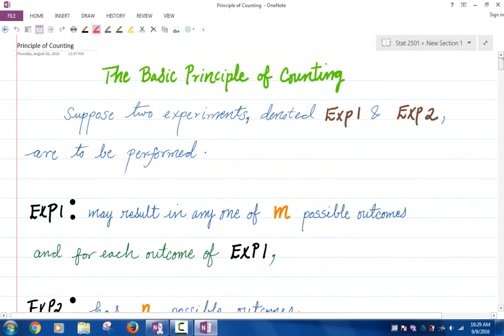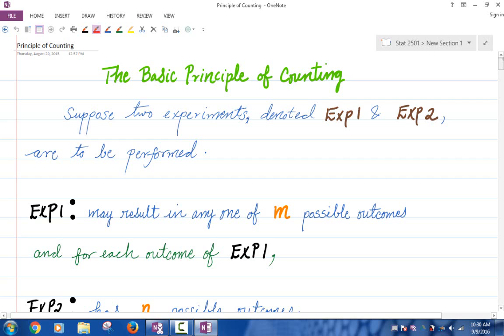Suppose that we have two experiments. One of them is denoted by exp1, the other one is denoted by exp2. Suppose that these two experiments are to be performed, and suppose that experiment 1 may result in any one of m possible outcomes.